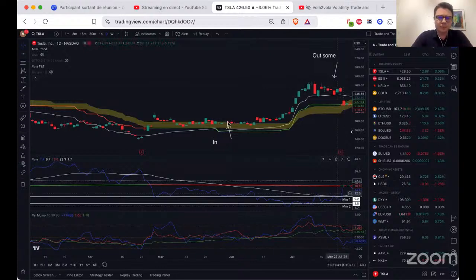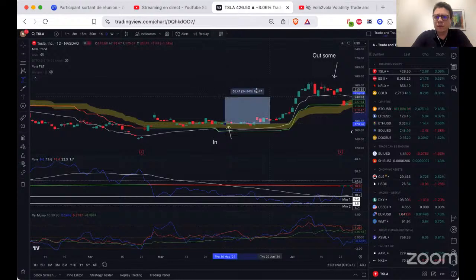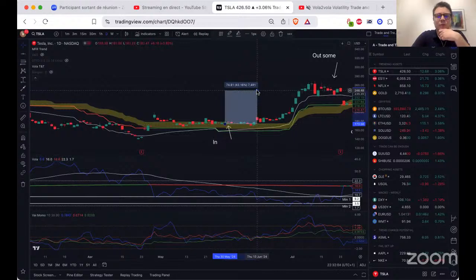The way I would trade this one would be I enter here, there is no add, and I start to take some profit there. This is a basic example, but if you took this trade and you get out here, this is a 43% increase in the stock value.